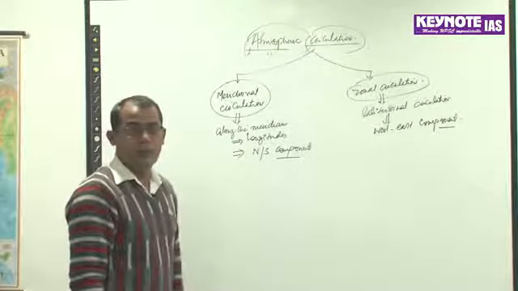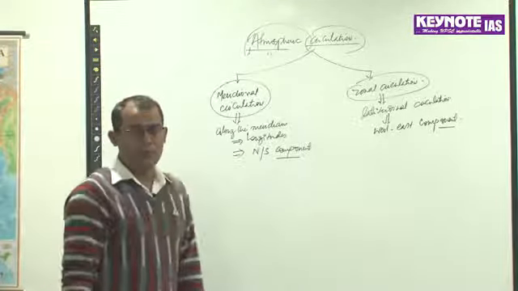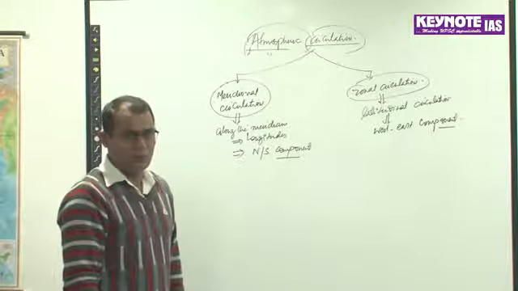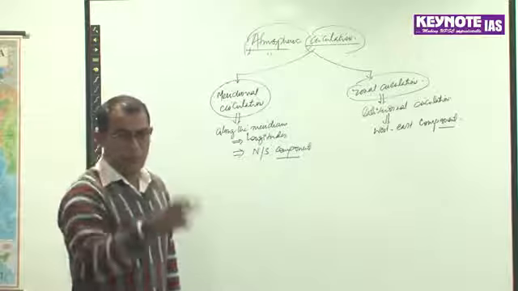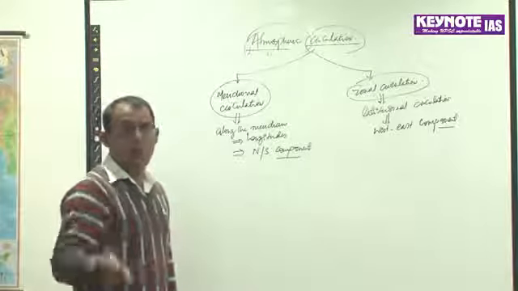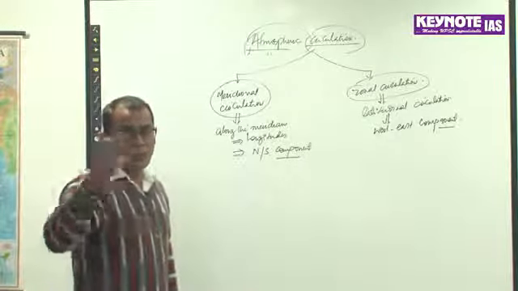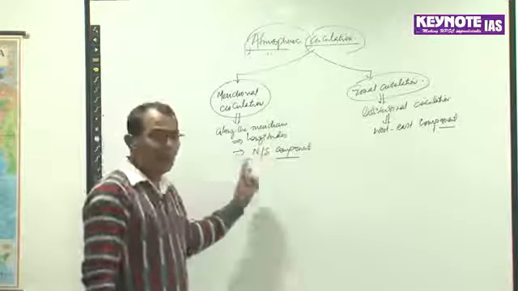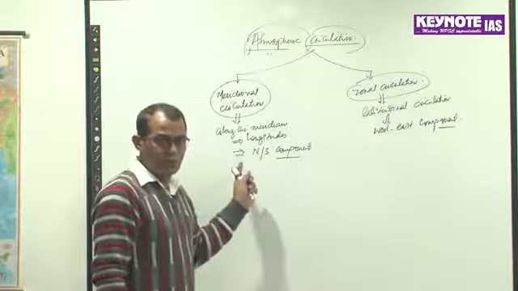When we say zonal, it is latitude. Pole to pole is longitude. When I say north-south, it does not necessarily mean unidirectional. It may be north-south and south-north both.